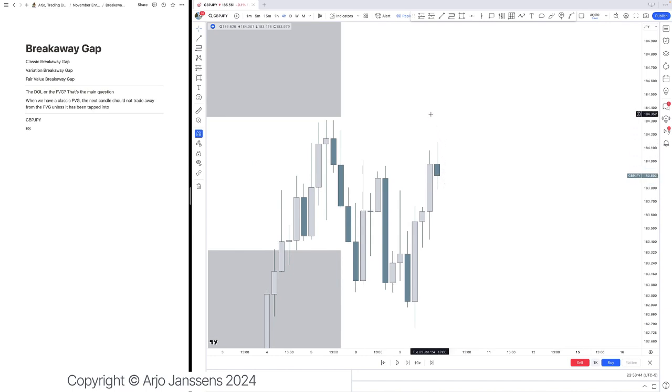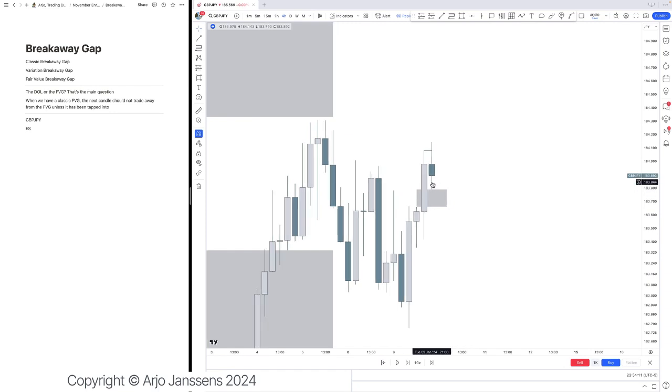And I mentioned I would want to see price make a very easy path to trade back into the fair value gap, meaning it should not close above this high right there, and it should be an easy close right there to trade back into the fair value gap to then continue higher off of that. Now, at this moment in time, all right, I would still have a few doubts because I do think this wick is quite long.